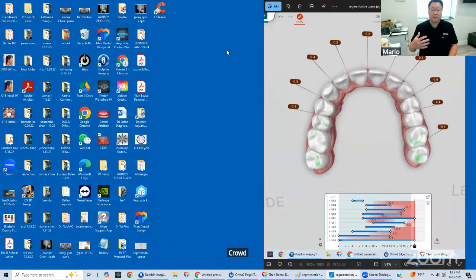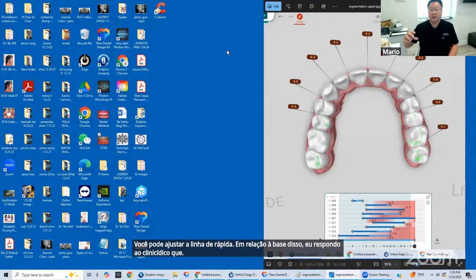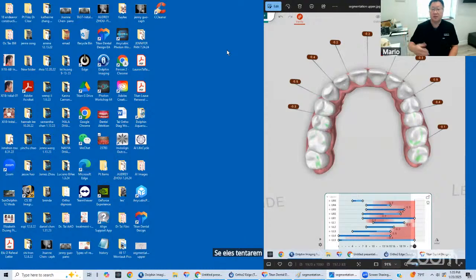Based on typical normal anatomy, you can adjust the root length and the angulation, and based on that, it'll remind the clinician, for example, if you have two really short upper central incisor roots, right?